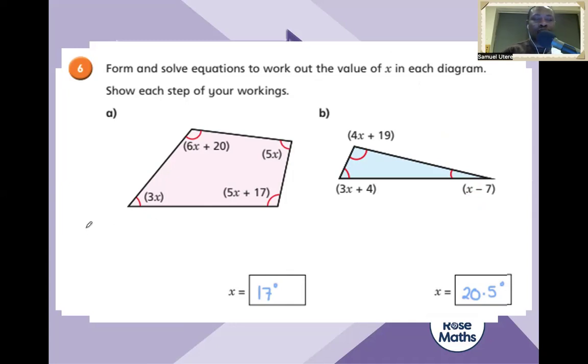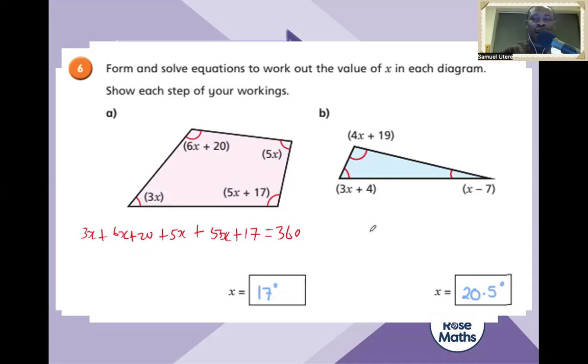So what you would have starting from here would be 3x, add 6x, add 20 plus 20, add 5x, add 5x plus 17 equal to 360 degrees. So remember to collect like terms. When you finish solving, x will be 17 degrees.